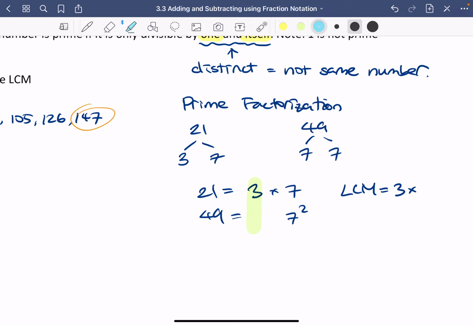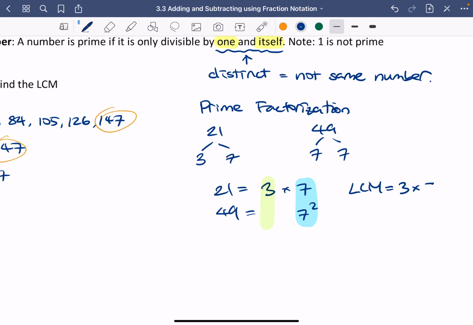And then we can look at 7. We have 7s for each of the 21 and 49. The first 7 is just 7, but the second is 7 squared, which is 49. Which one's bigger? Of course, 7 squared is bigger, so we take 7 squared.